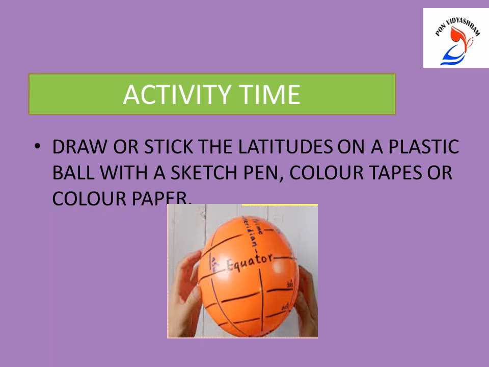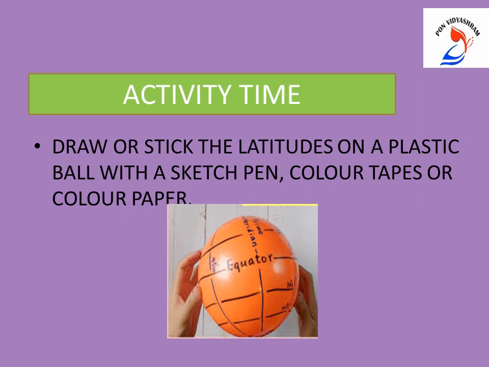Now children, I am going to give you an activity. You have to do this activity, take a picture and drop it in your class group. So what are we actually going to do? We are going to mark the latitudes. For that we need a plastic ball.